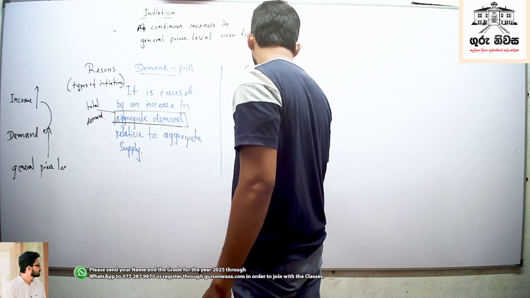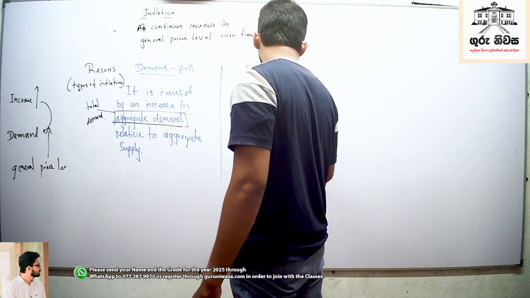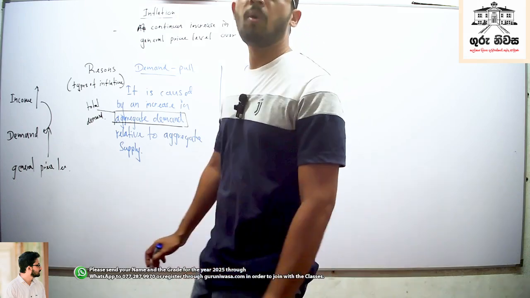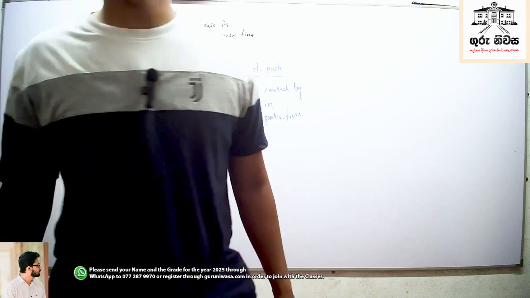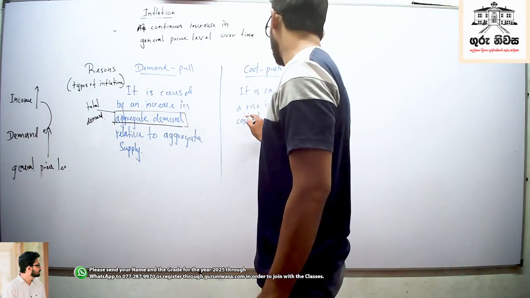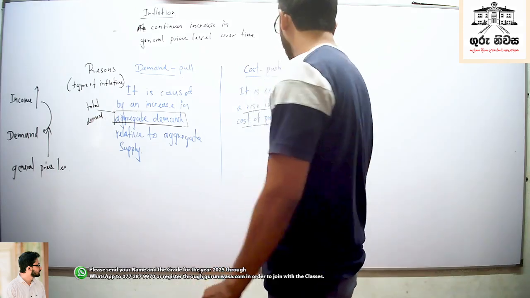Remember, cost of production. What does it mean, Lamai? Businessmen have to spend more money to produce goods and services. For example, raw materials, labor cost, electricity charges, all are expensive. It is caused by a rise in cost of production, right?